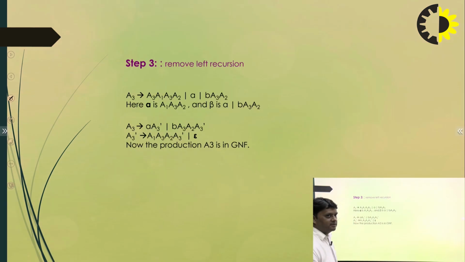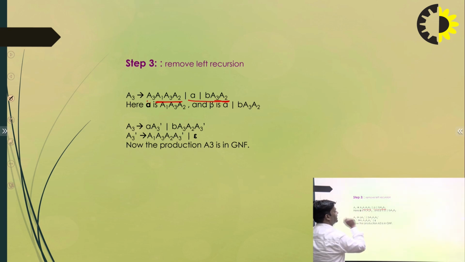Remove left recursion in A3 implies A3 A1 A3 A2 | A | B A3 A2. Here this is alpha, and the remaining portion is beta.